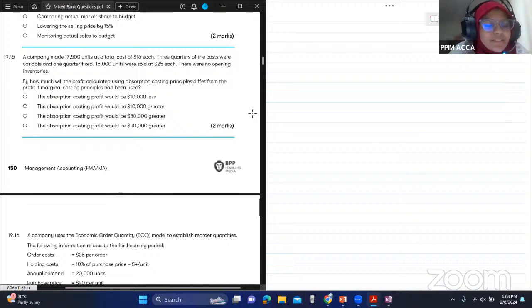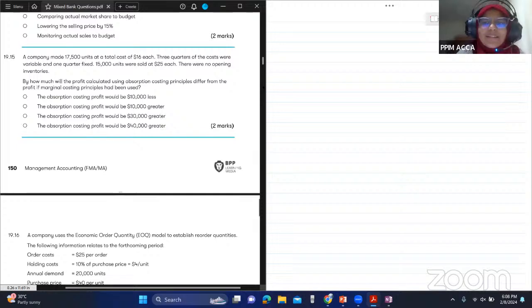A company made 17,500 units at a total cost of $16 each. So they have made 17,500 units and the cost they incurred was $16. 3/4 of the cost were variable and 1/4 was fixed.